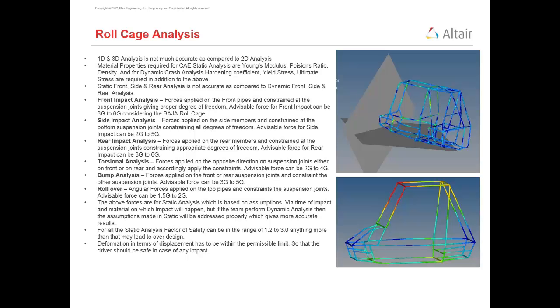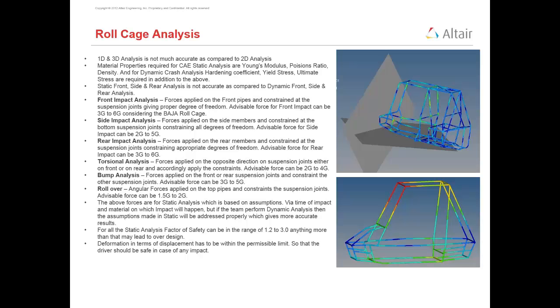Deformation in terms of displacement has to be within the permissible limit. What is the permissible limit? Your driver has to be safe in all cases of impact. That is the permissible limit. So I cannot say that 5 mm displacement is okay, because in a front impact, if we assume 5 mm displacement is good, and the driver's foot is below that, it is not advisable.